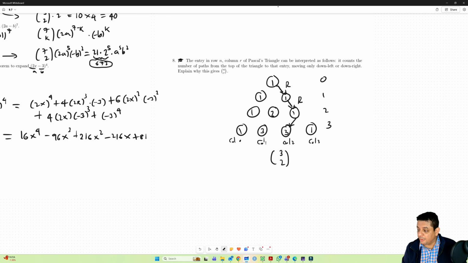So the number of paths is equal to the number of ways you choose which of the n steps is right. Notice that because I have 2 rights, that's why it's 3 choose 2. So this will be equal to 3 paths.